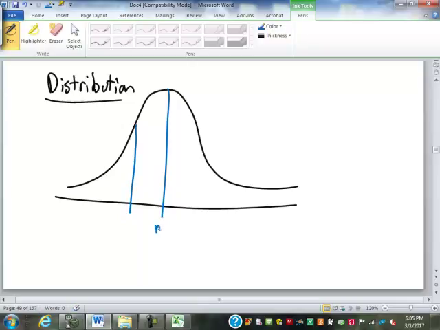So if this middle number is the mean, it could be called the median or the mode, it doesn't matter, but generally we use the mean to label that one when we're talking about this. If we move down one standard deviation, so minus one standard deviation from the mean, we expect, now there's two different versions of this. What I'm going to talk about is something called the empirical rule.